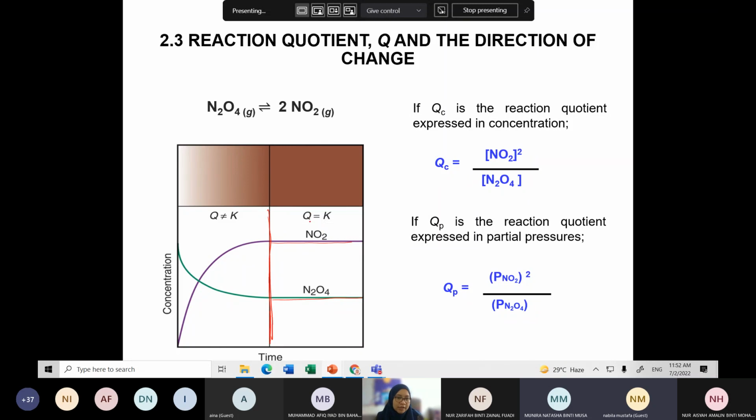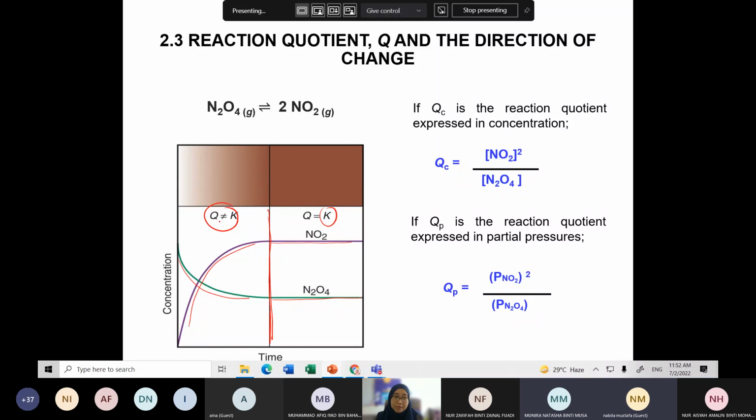And then when we calculate the concentration and we find out the value is the same as K. So this is where Q is equal to K. We could say that the system is already at equilibrium. Alright. So yang ini obviously this is not at equilibrium sebab dia belum sampai equilibrium lagi. So we could say that the Q is not the same as KC.